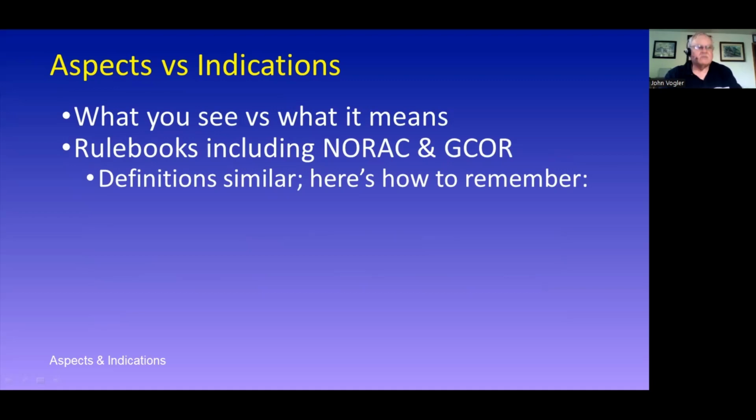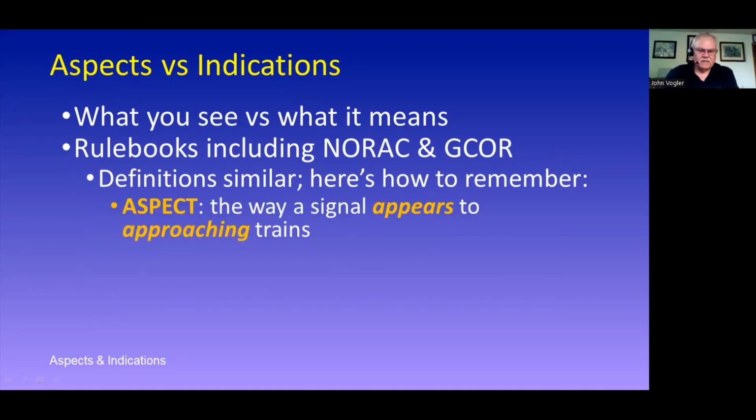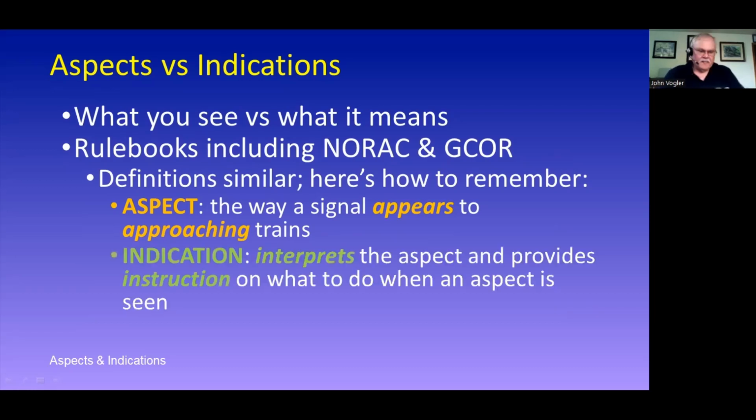And the way I think it's easiest to remember is that an aspect is the way a signal appears to an approaching train. So all the A's there: aspect, approaching, appearance. And that's the key thing for defining a signal.